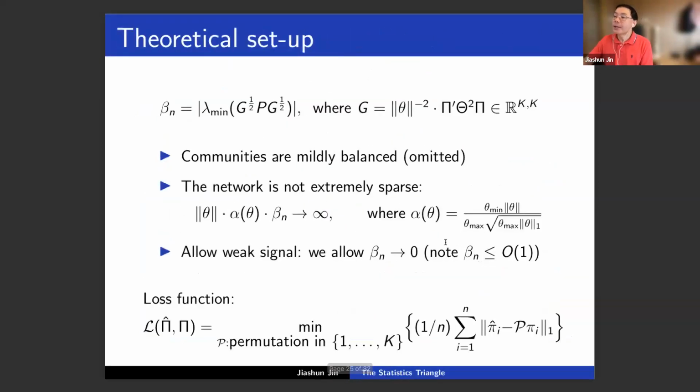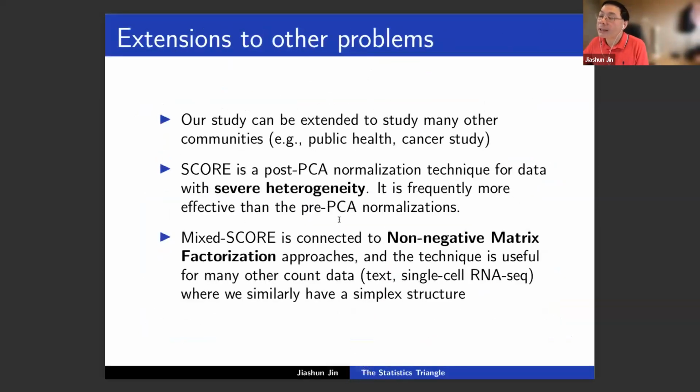You may not be currently interested in networks, but if you work on other areas like nonnegative matrix factorization, single cell genetics, and text analysis, all these data sets you can treat as count data. It's very similar to network data. It's count data, they are non-negative, and their probability matrix a lot of times is also structured with rank K. So for those kinds of data sets, you can extend the simplex structure we find here and extend the Mixed-SCORE method there.